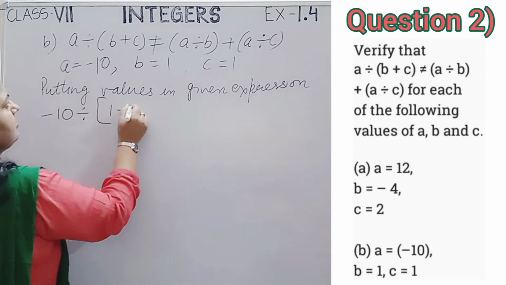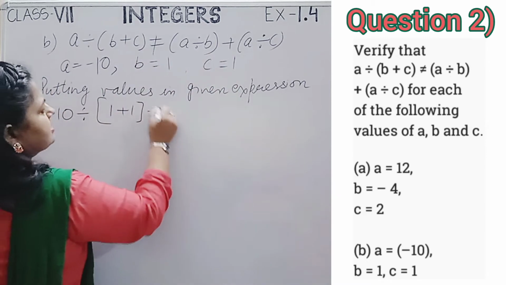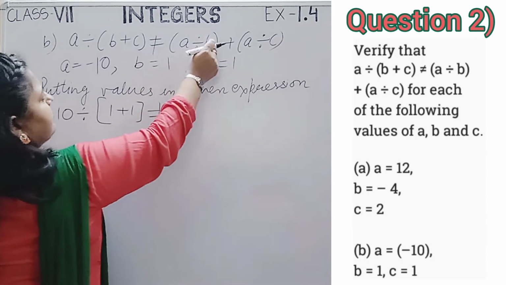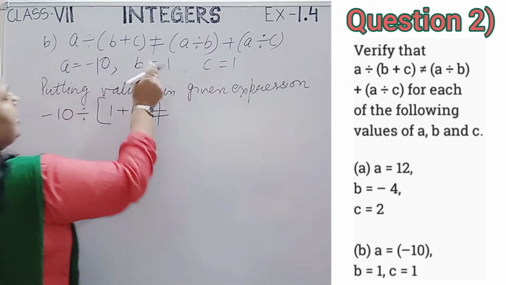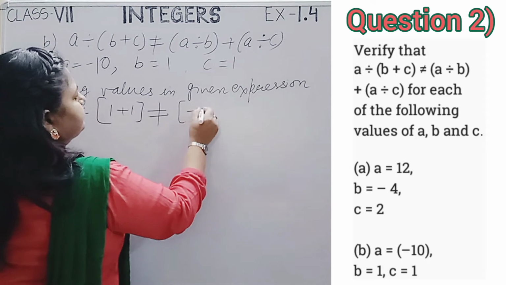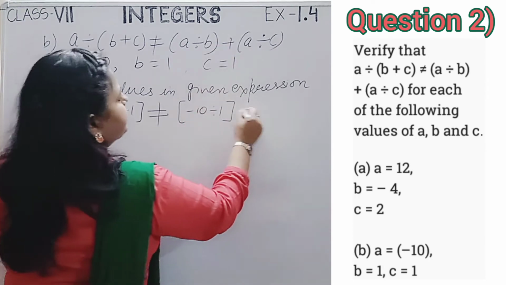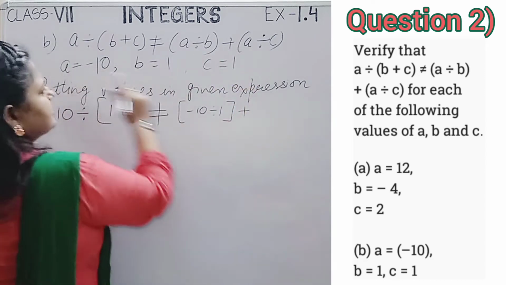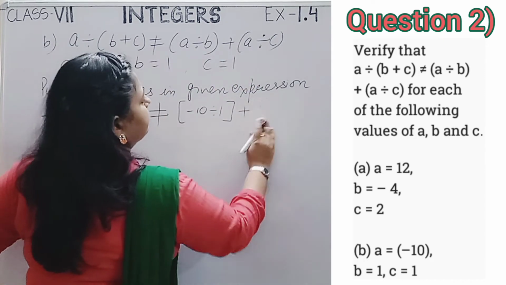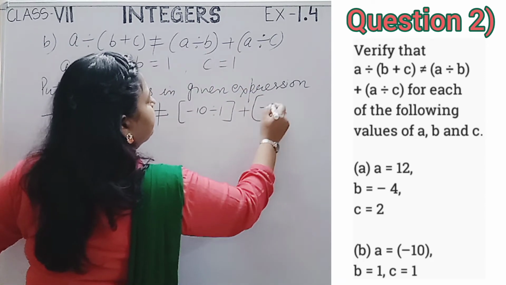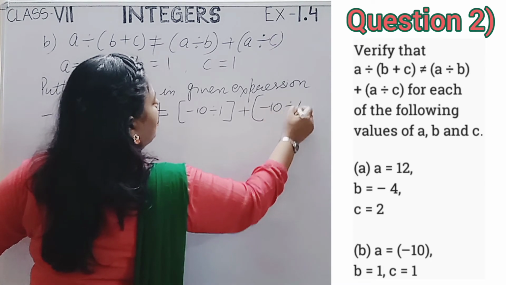So 1 plus 1, not equal sign, A divided by B, it means minus 10 divided by 1 plus A, minus 10, divided by 1.